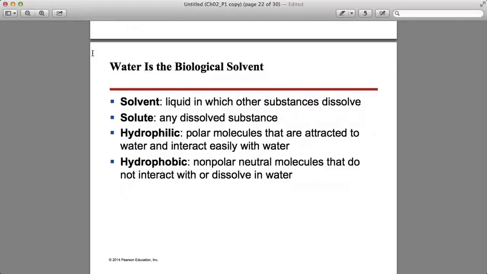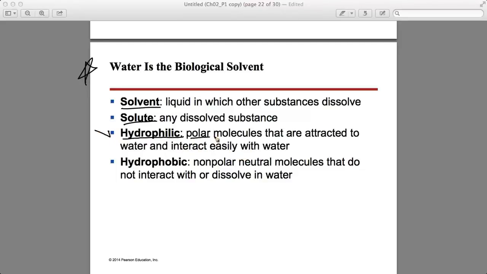Water has lots of important characteristics that make it very important to sustain life. It is the main solvent in which substances in our body are dissolved. All those substances are known as solutes, but they're not all made equal. There are some compounds in our bodies that are very hydrophilic, meaning that they are able to dissolve in water quite readily, quite easily.